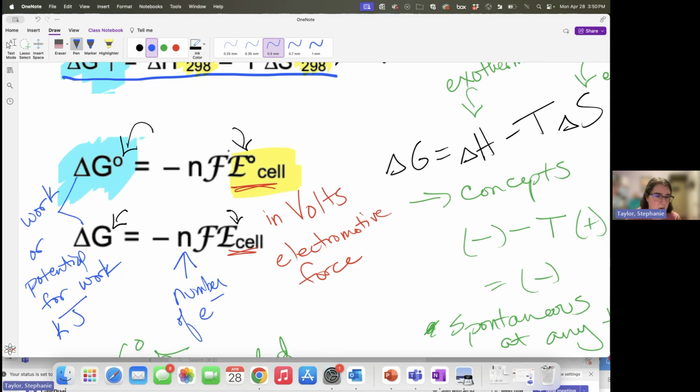What's actually going on? So they are related to each other, but they are different from each other. F is Faraday's constant. This is basically the charge on a mole of electrons. So I'm not sure that that actually answered what you wanted, but hopefully that helps.